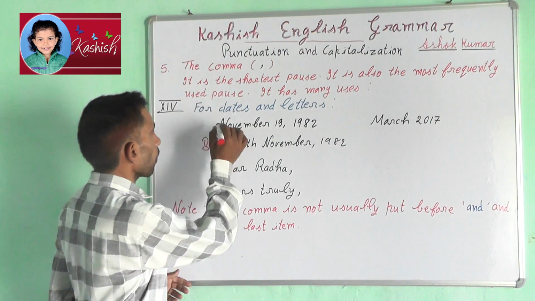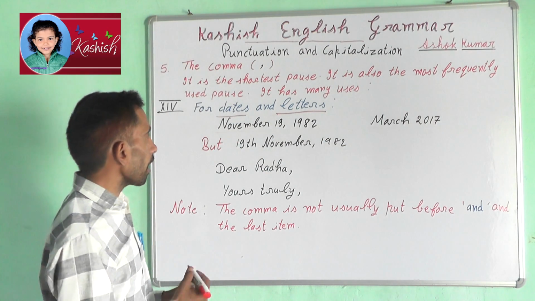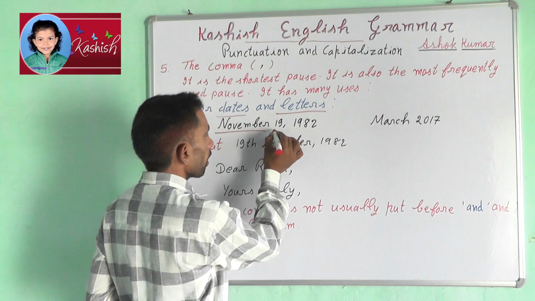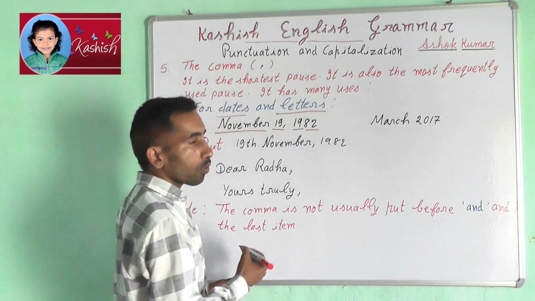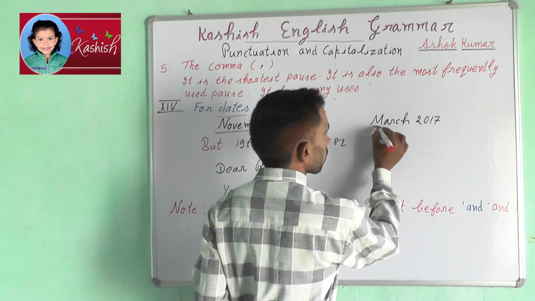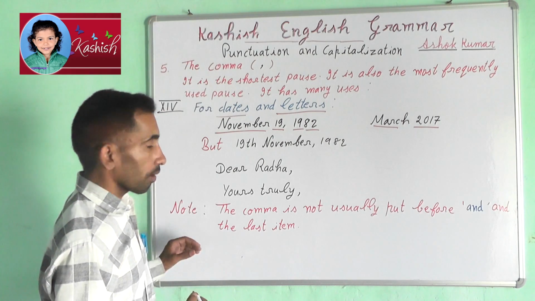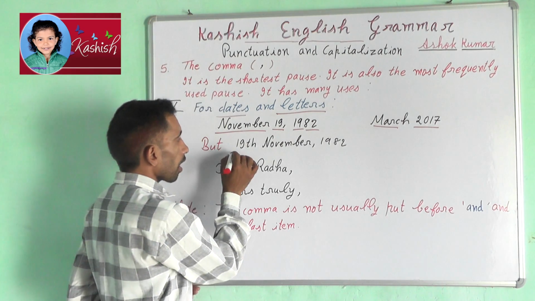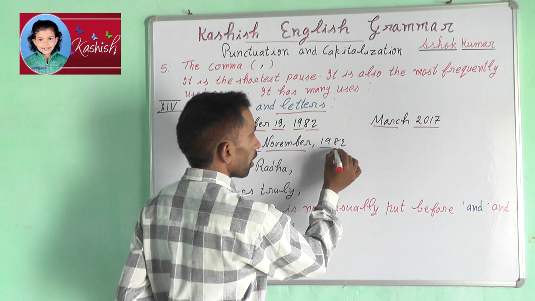Fourteenth, for dates and letters. For example, November 19, 1982. March 2017. But 19th November 1982.